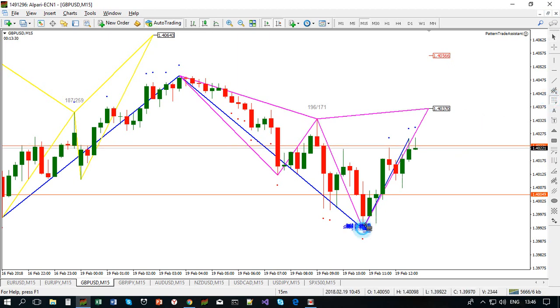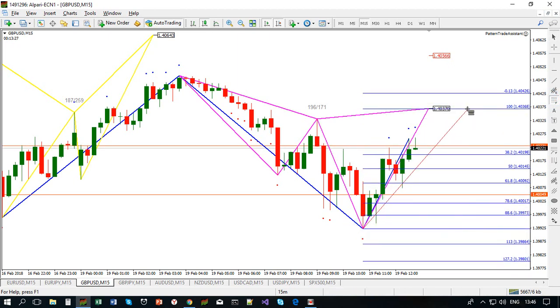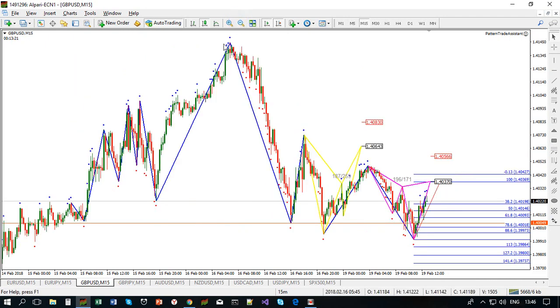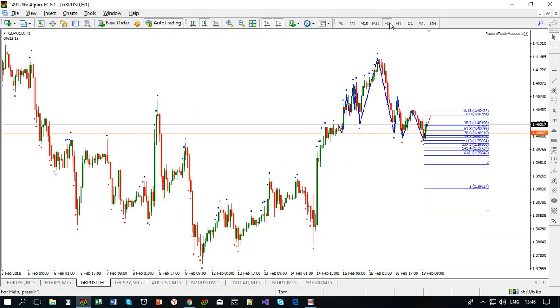We all know that the targets are these, the 3.2 and 6.18. But in this case we have our potential head and shoulders that already broke to the downside, and as I told you, the target is a projection of the height of the head from the broken line.